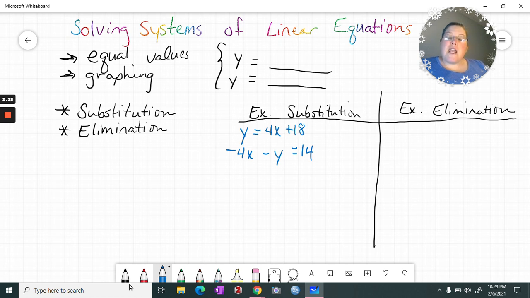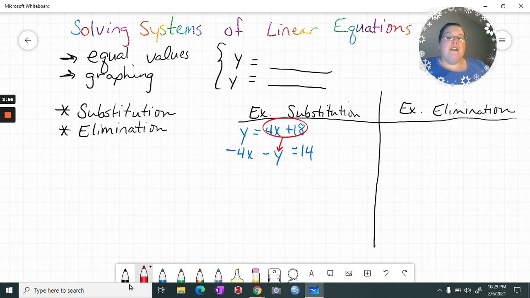Okay, so when I have this y equals, what I can do is take what the y equals and replace it in the second equation. That's our substitution. We substitute an expression in for a variable so that we can go from two equations with two variables to one equation with one variable.